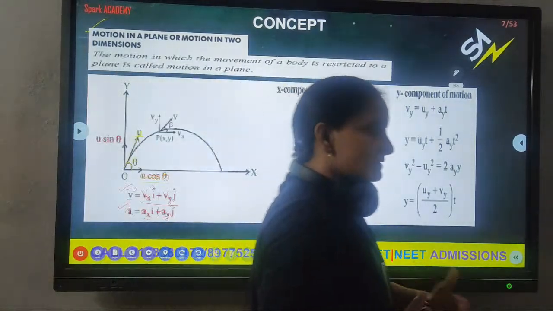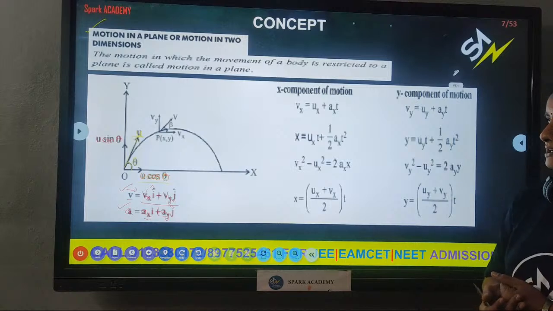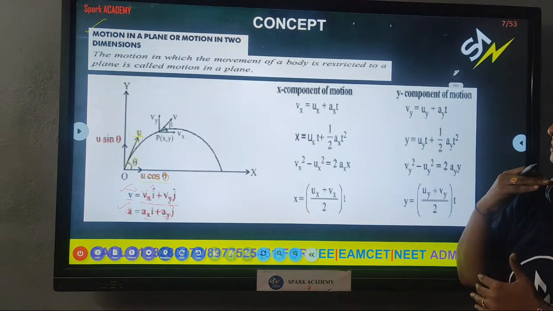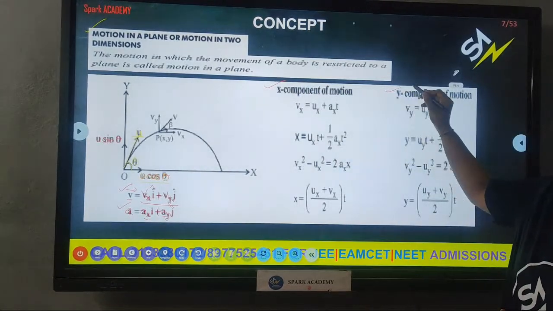As velocity and acceleration are resolved into components, we need to describe the motion along the x direction and along the y direction.